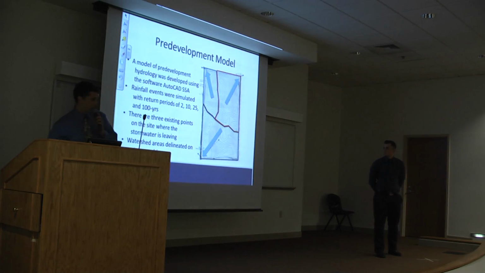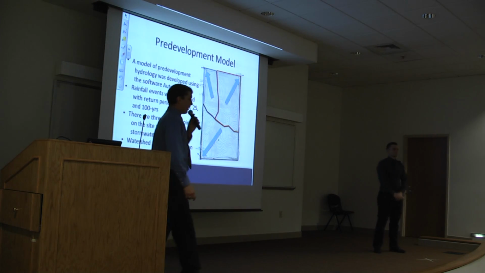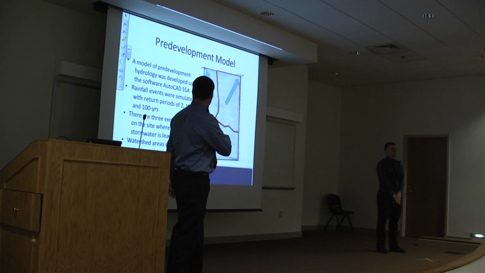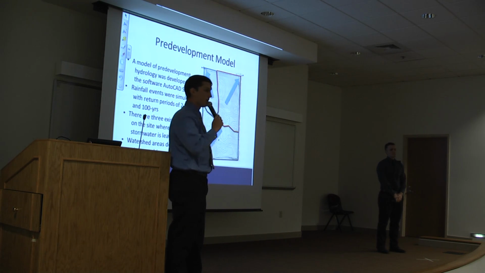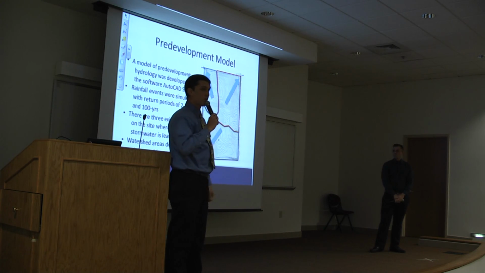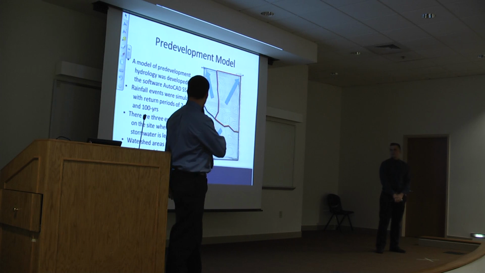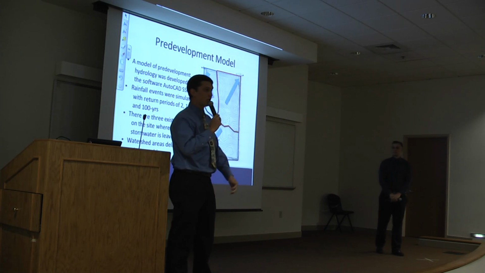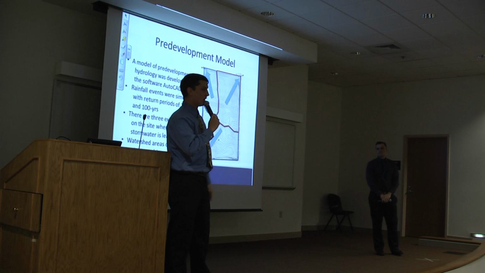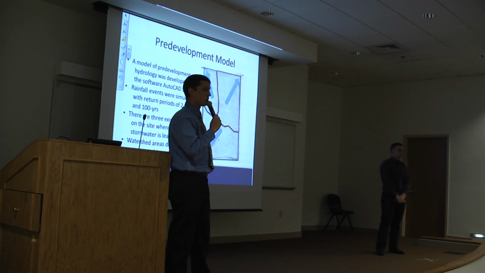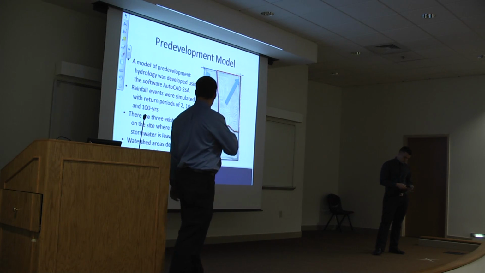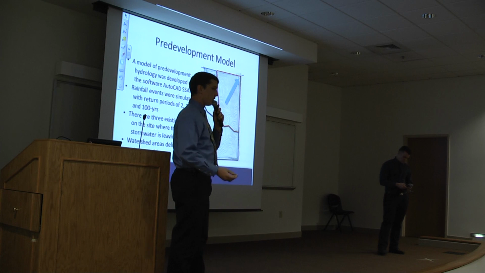Here's the pre-development model that was developed in AutoCAD Stormwater and Sanitary Analysis. The rainfall events that we simulated were a 2-year, 10-year, 25-year, and 100-year flood, as determined by the Indianapolis Stormwater Manual. There are 3 existing points on the site where the stormwater is leaving.